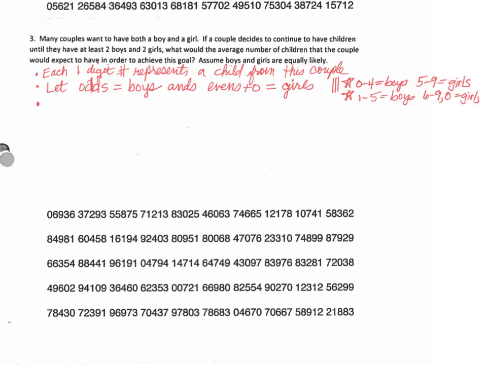I'm going to use the random number table above. We could even have some people start in the bottom right-hand corner, but I'm going to start in the top left corner.